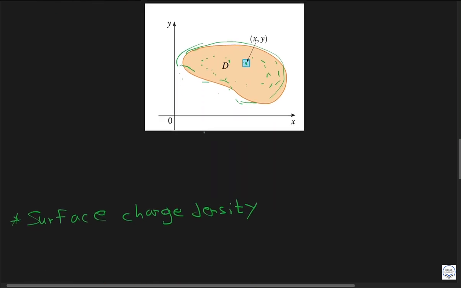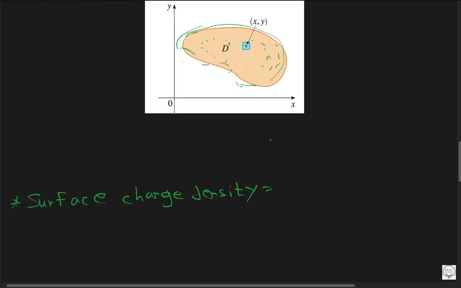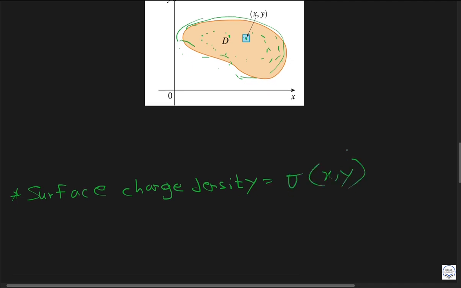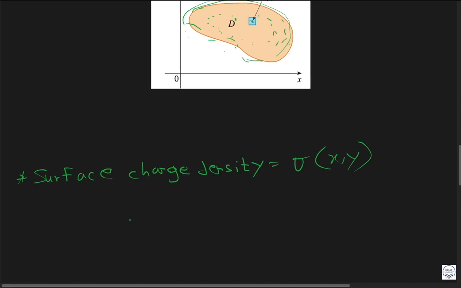Start with surface charge density, denoted by sigma of x comma y. In order to find the total charge, we have to consider the effect of every single point in our domain, in this case the surface itself.